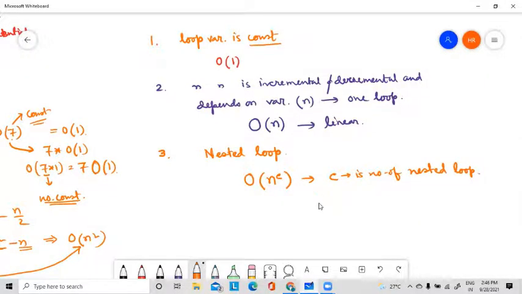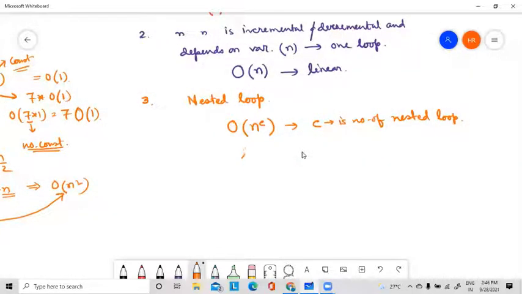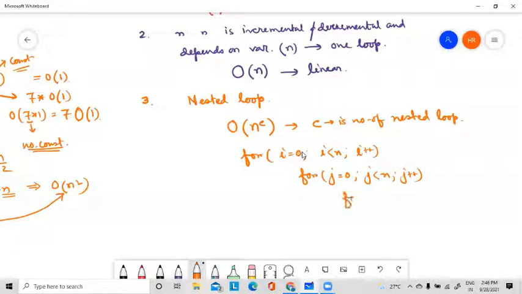For example, suppose there is a for loop i equal to 0, i less than n, i plus plus. Inside that for loop there is another loop, for j equal to 0, j less than n, j plus plus, and then inside this for loop there is another one, k equal to 0, k less than n, k plus plus.